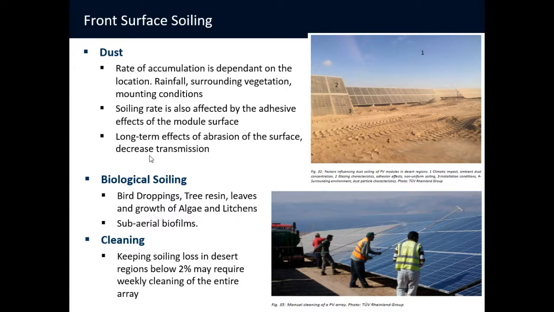Dust is normally a very uniform covering of the module unless it accumulates at the bottom of the module, which often happens. But if you have areas of the module which are more soiled than others, then you have the potential of that cell performing significantly worse than the other cells in the module and becoming a hotspot in reverse bias, as we had illustrated in the introductory slides.